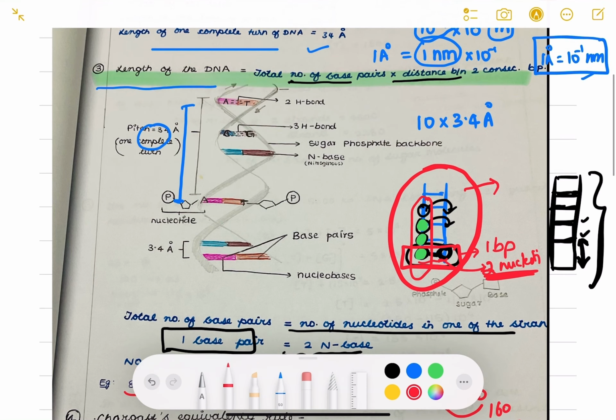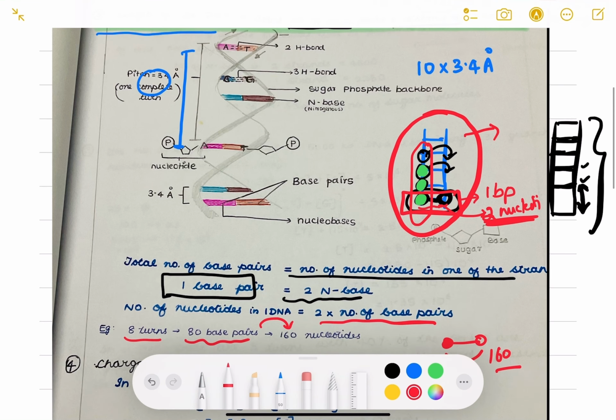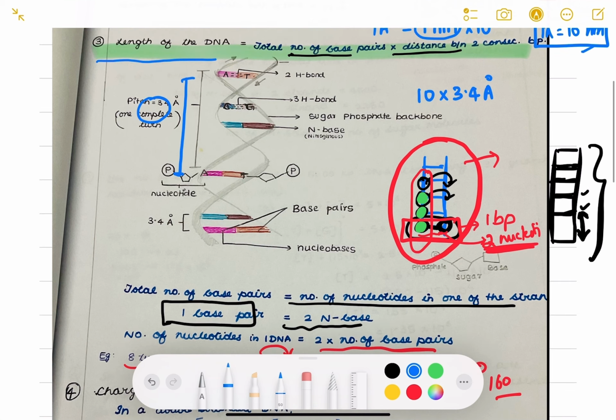This could be a bit tricky if you don't understand, but just try and understand yourself. Everything is clearly explained in this diagram. This together constitutes one base pair.